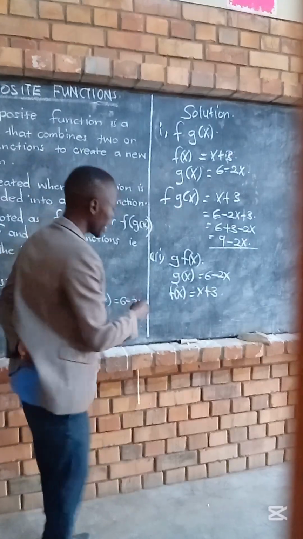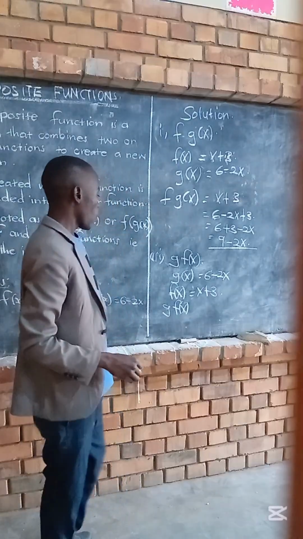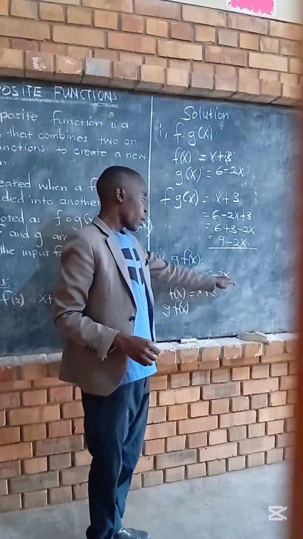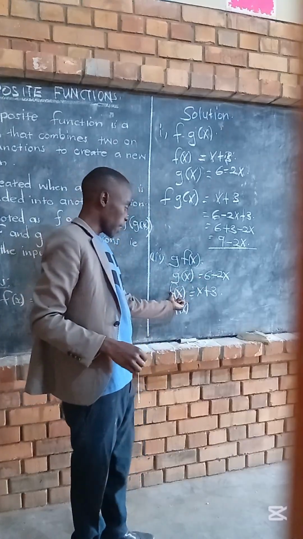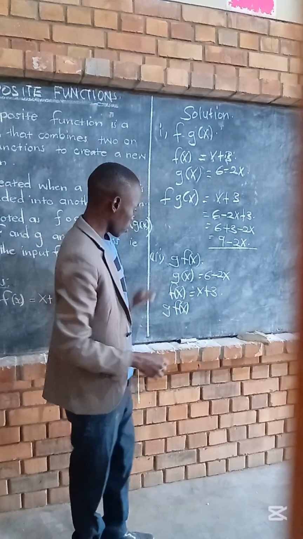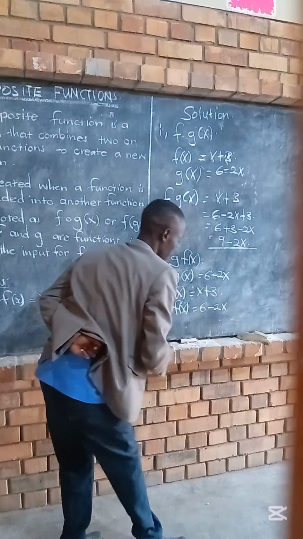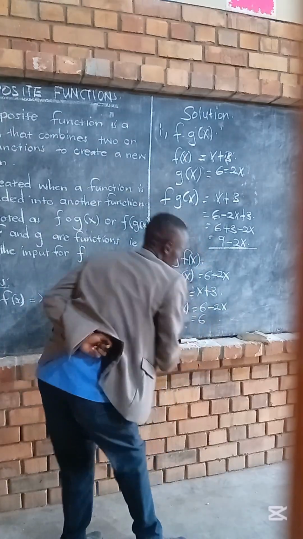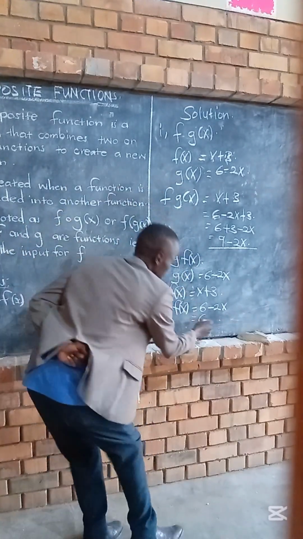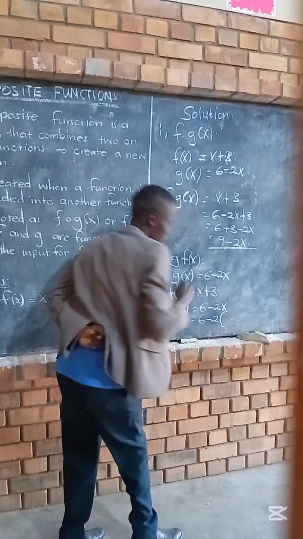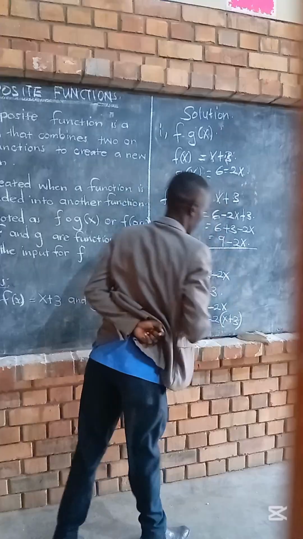Now, to get g of f of x, we substitute x in the function g of x with f of x. So here we get 6 minus 2x. Then we substitute x with f of x. We get 6 minus 2 into x plus 3.